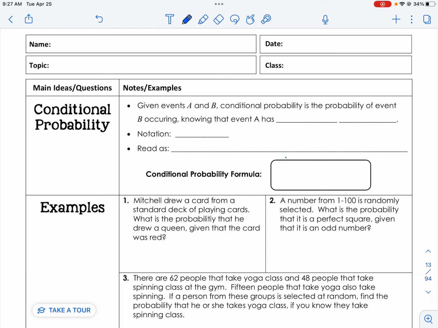So, conditional probability is the probability of an event B, whatever that event is, knowing that event A has already occurred.